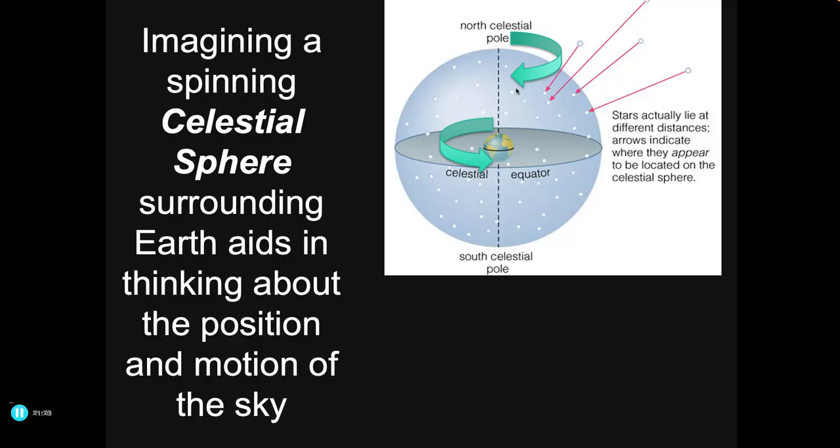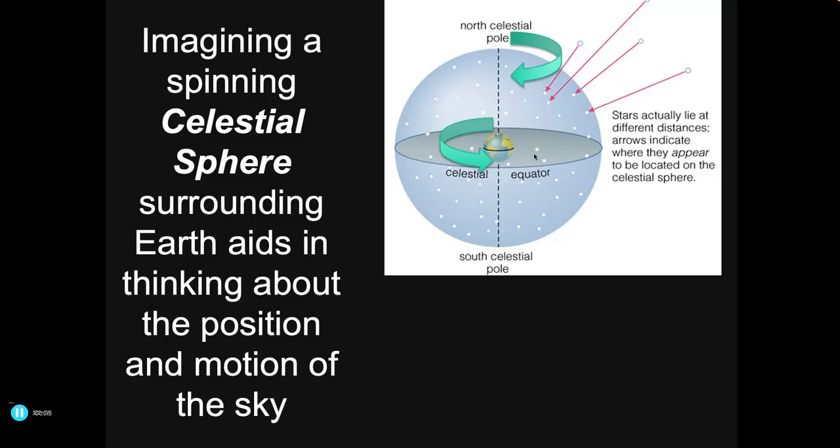The stars are not moving, but the appearance is that I'm standing still on the Earth's surface, and if I look up, the stars look like they're spinning around the celestial pole. The north celestial pole is the point on the sky right above the North Pole. The south celestial pole is the point on the sky right above the South Pole. The celestial equator is this big circle on the sky right above the Earth's equator. And that's how we map out the celestial sphere.